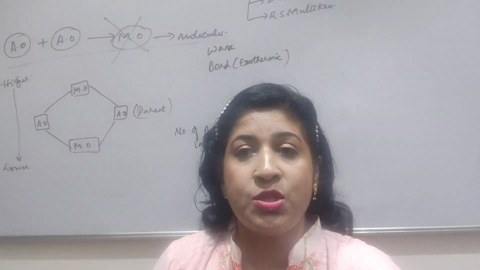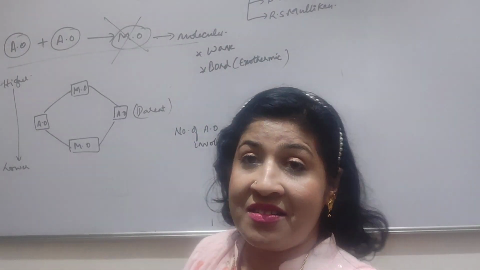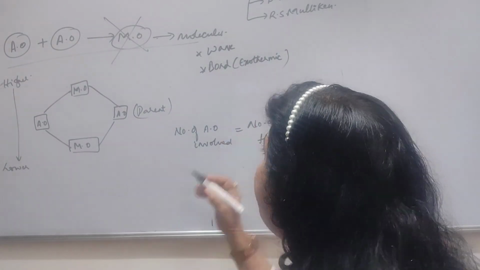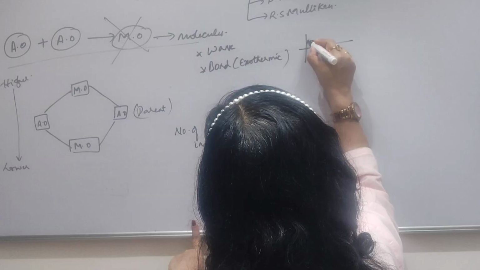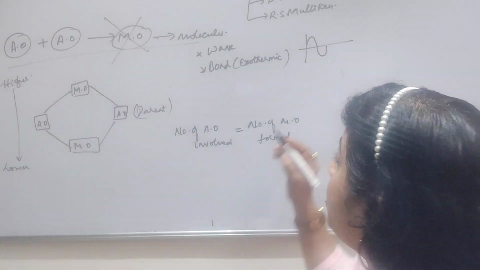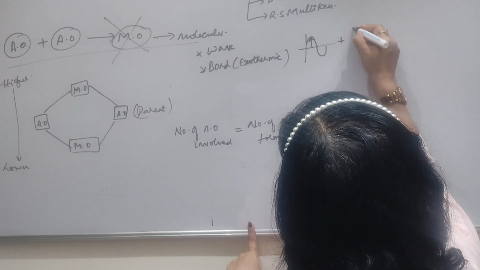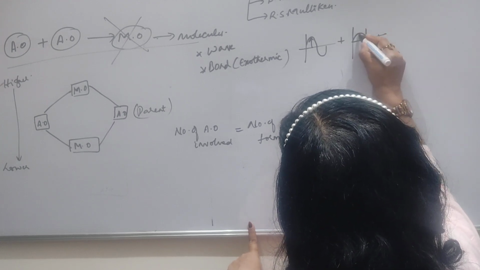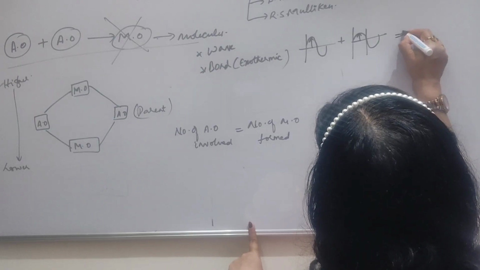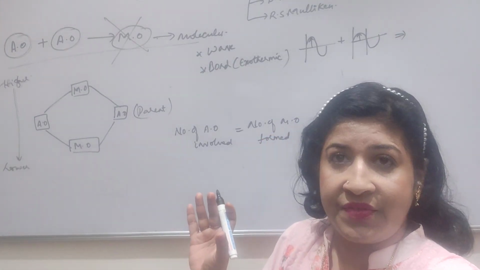Here, what happens is during the bond formation, it is constructive interference. What is constructive interference? Of course, you know this is a wave. So, with one more orbital with the same wave nature, if this is there, what you get, the orbital which you are getting here is because of the constructive interference.